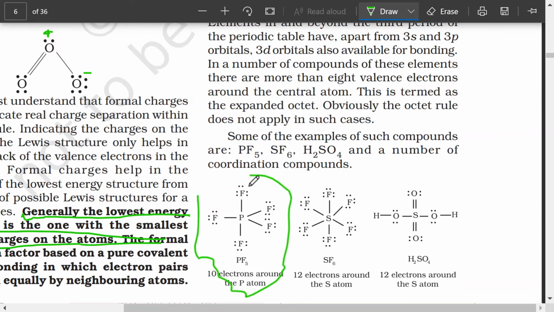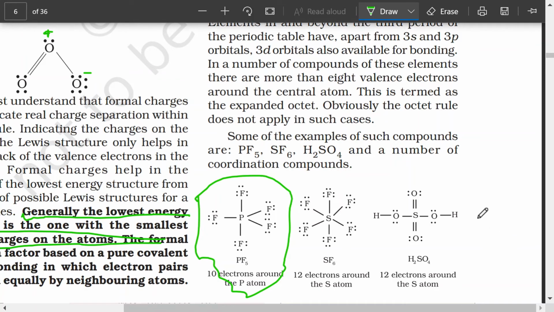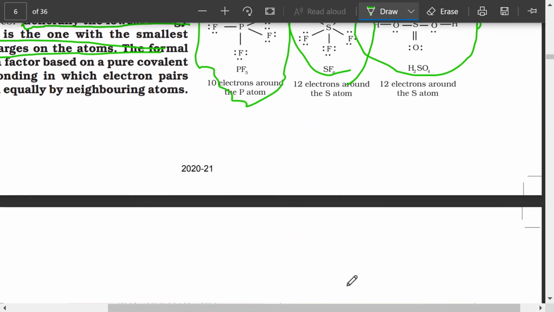How many electrons does phosphorus have? 1, 2, 3, 4, 5, 5 into 2, 10 electrons. So 10 electrons means it is more than an octet. So that has expanded, right? Similarly for H2SO4, this Lewis figure is very important. It comes many times in exams, right? Let us go forward.